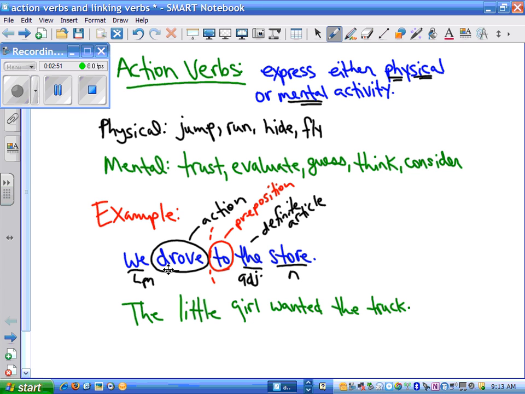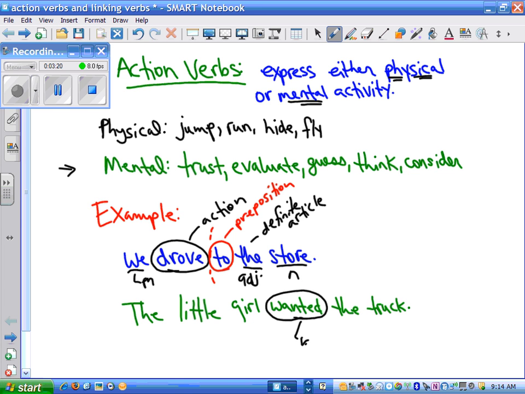Our next sentence, the little girl wanted the truck. So wanted is our action verb. And of course, it's showing, in this case, a mental activity, right? It's not something that you can see. It's happening in the mind.